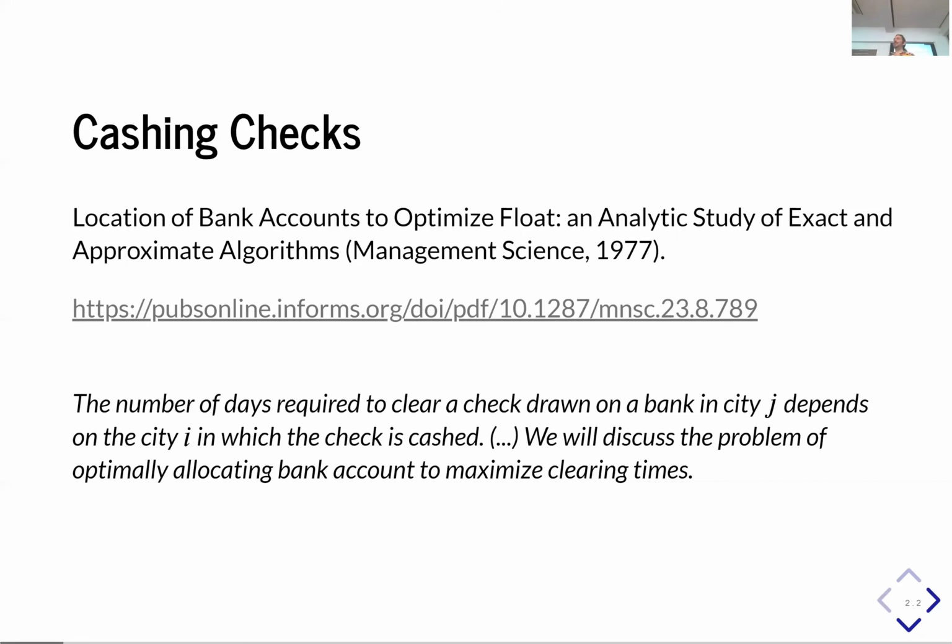And if you want to do some kind of optimization, you want to ensure that your cash is actually drawn out as late as possible. And so you've got an optimization problem where you want to find a location to open a bank account, but as far away from your clients as possible to be able to gain a few days and a few bucks in the process.